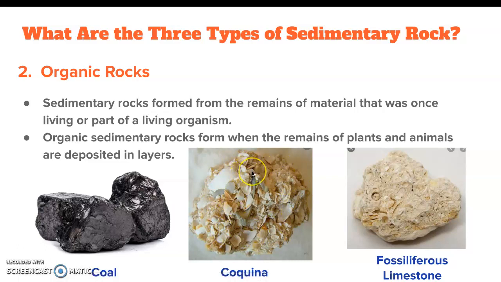So coquina has a very rigid look, almost like you took a bunch of shells, put them in a bag with some glue, and formed a rock. But that's coquina. So in each of these cases, you have material that was once living or once part of a living organism forming the rock particles.